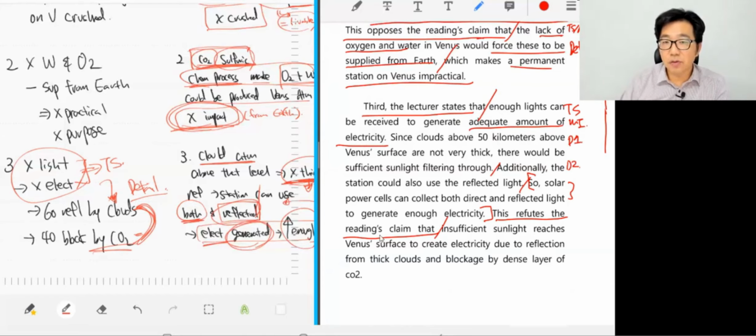So this refutes the reading's claim that insufficient sunlight reaches the Venus surface to create the necessary amount of electricity for humans to live. Because thick clouds will reflect the light away, and a dense layer of carbon dioxide will block the lights. Okay, so yeah, third paragraph, pretty long, third body paragraph. Okay, a bit longer than usual, but hey, you need to be flexible.